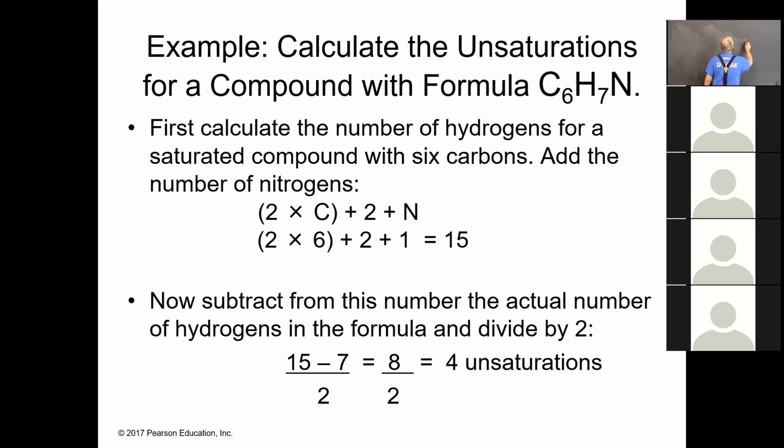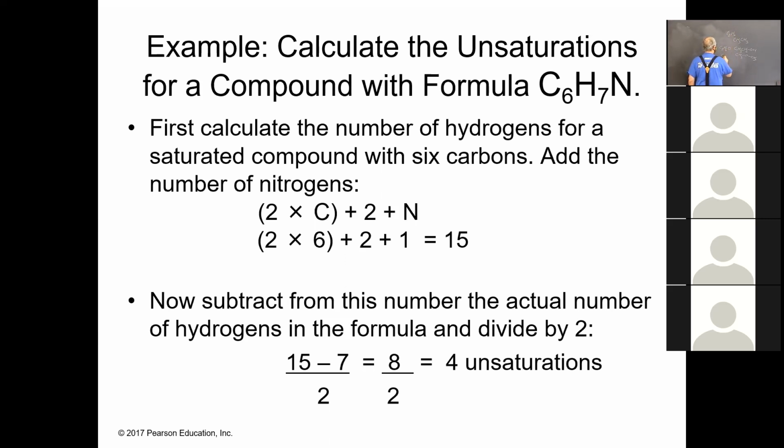So if we take a simple example, here is ethane, and here is ethanol, here is methyl ether. So this is C2H6. This is C2H6O.